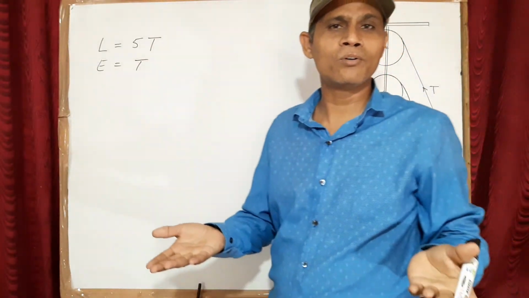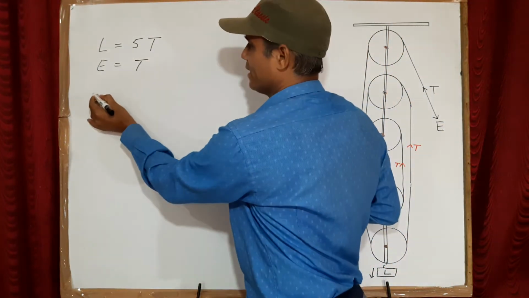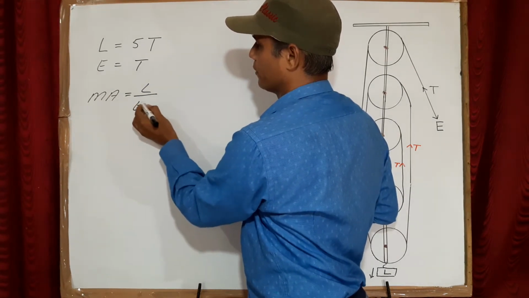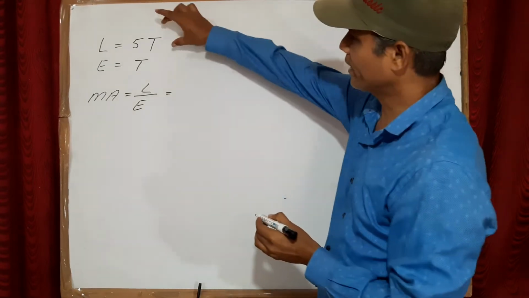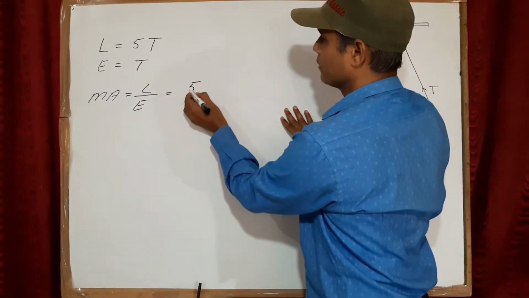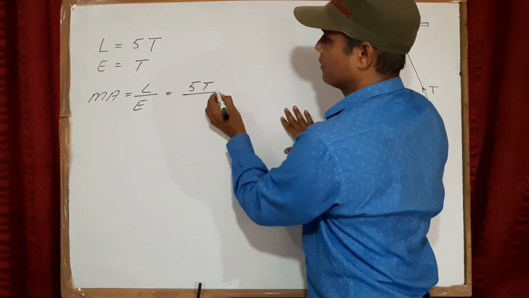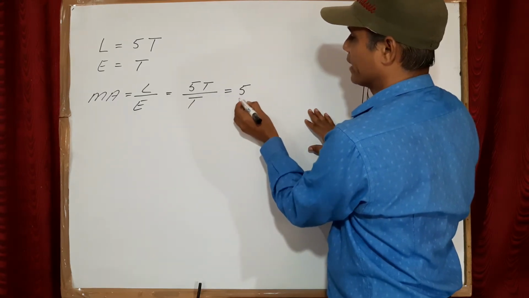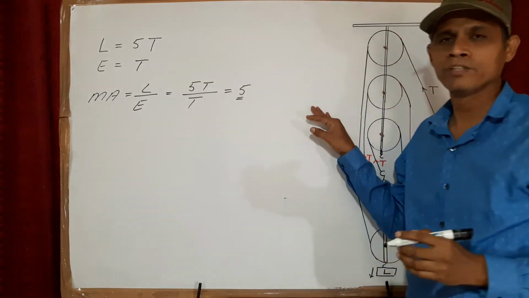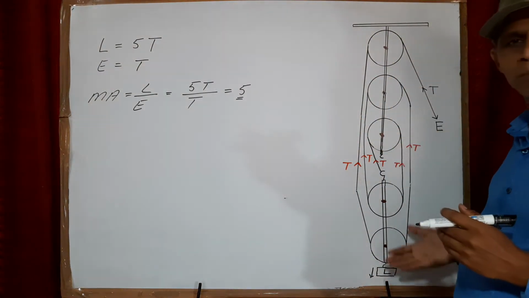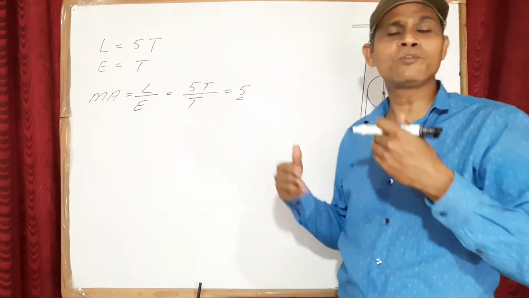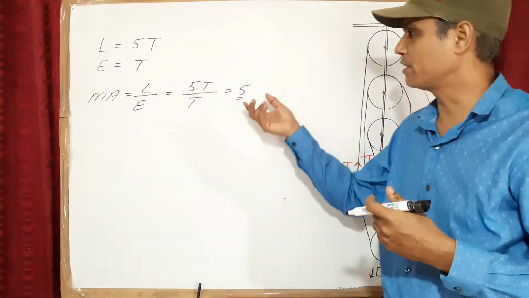And as you know, mechanical advantage is load upon effort. You know, load is 5T and effort is T. Therefore, the mechanical advantage here is 5. So you have 5 pulleys and the mechanical advantage is equal to 5. If you have 4 pulleys, the mechanical advantage will be 4.